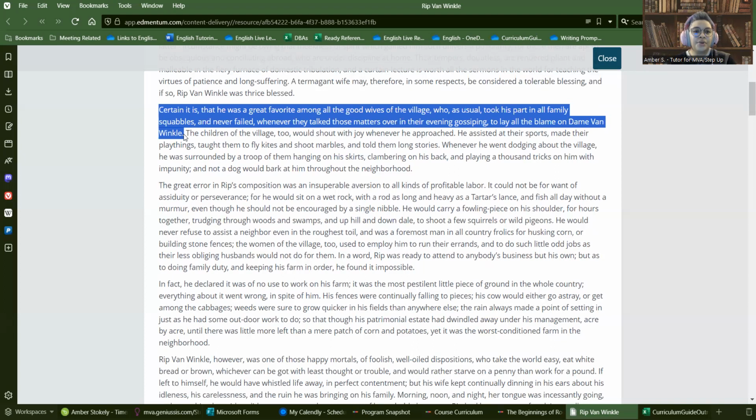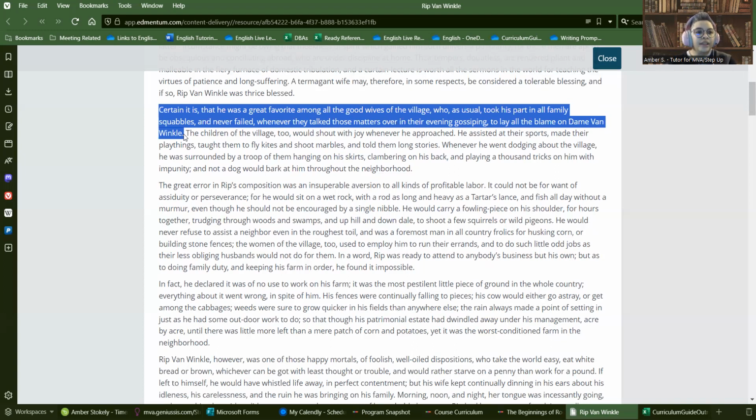Certain it is he was a great favorite. So we know good wives are heads of the households, and he's popular among them because he basically is a people pleaser, right? And it says that they took his part in all family squabbles. So basically, they always take his side no matter what is happening.